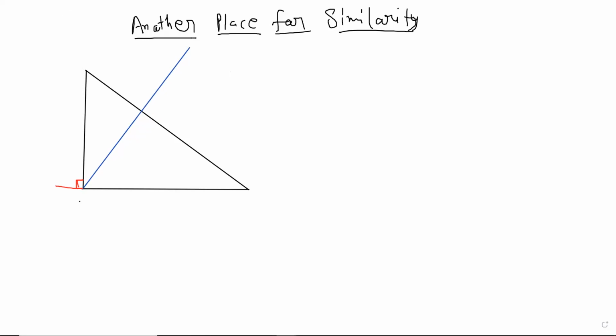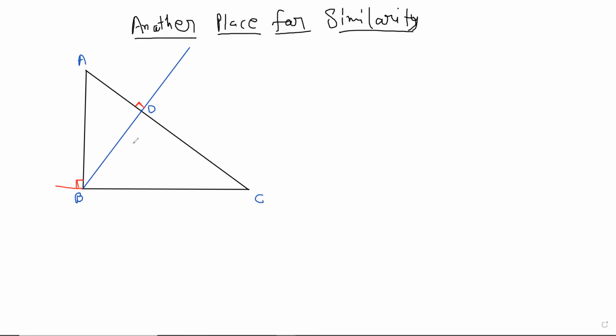It will stray a bit to that side, to the smaller side, right? So we have A, B, C, and we have D. ABC is a triangle. ABC is a right angle triangle.